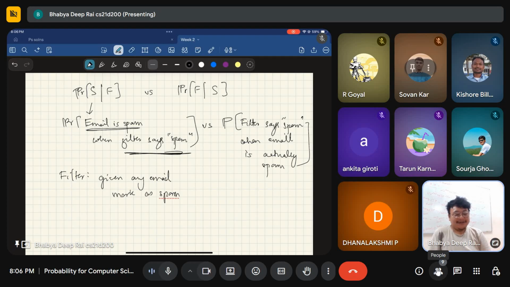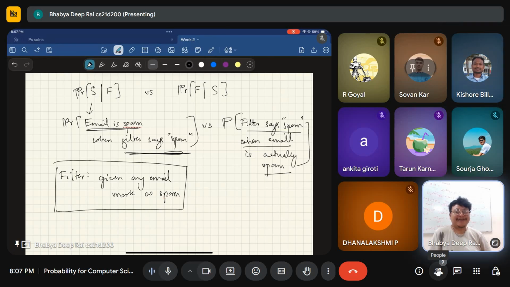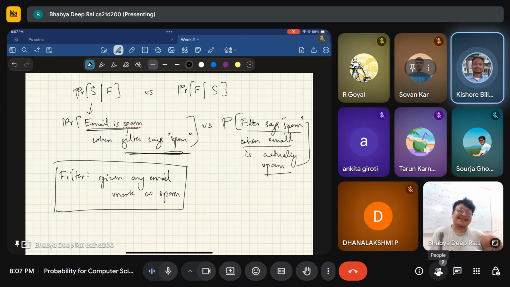Now let's see this probability. Given this filter, when the email is actually spam, what is the probability that it says spam? It's 100%, because for every given email it's saying spam.